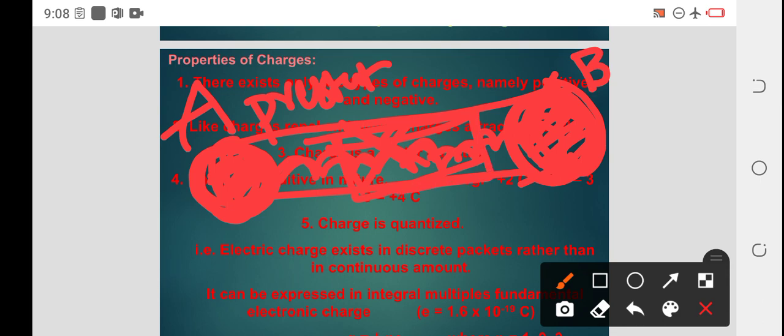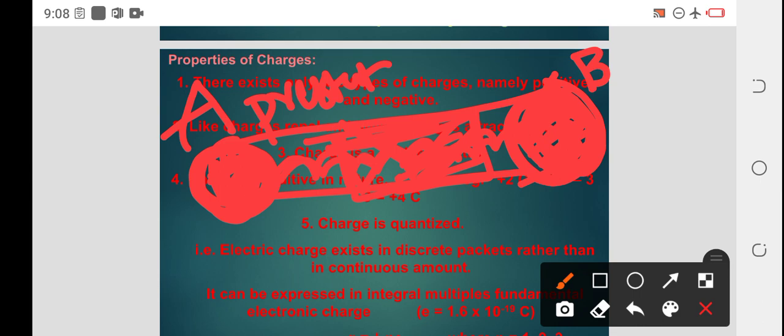A region which is associated with a larger number of electrons is called the charge.